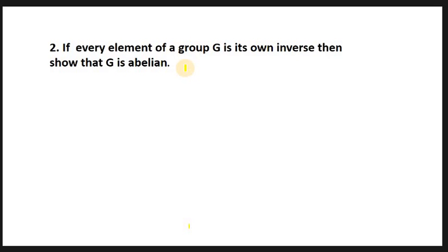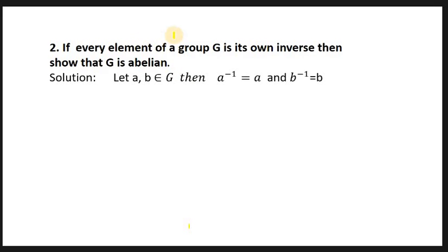Let us consider two elements A, B belongs to G, then A inverse is equal to A and B inverse is equal to B. If this property is satisfied, then it is an abelian group.